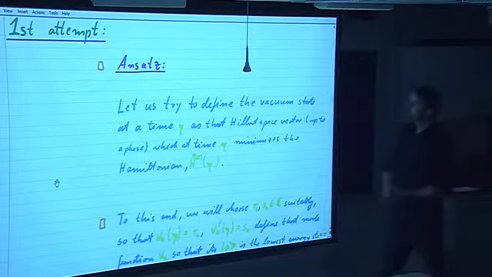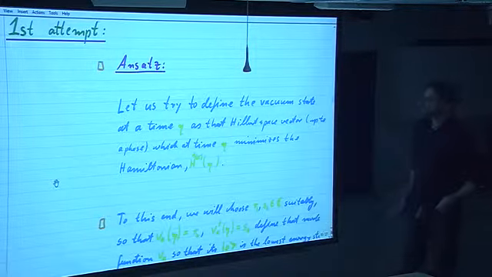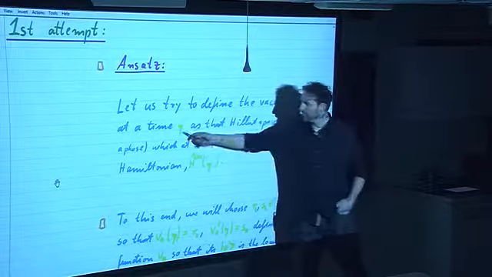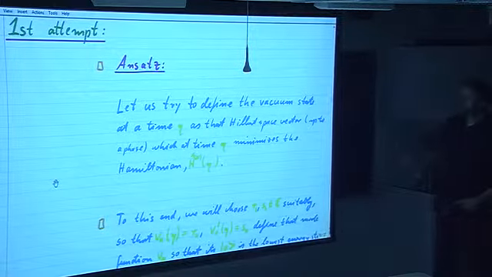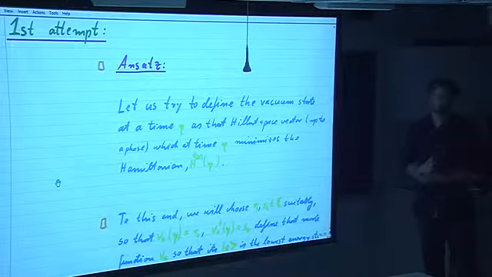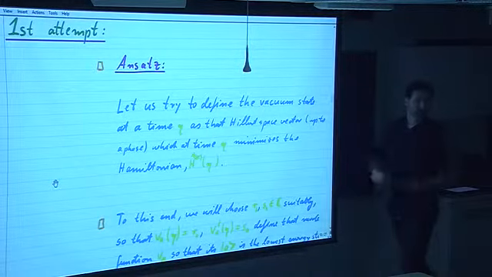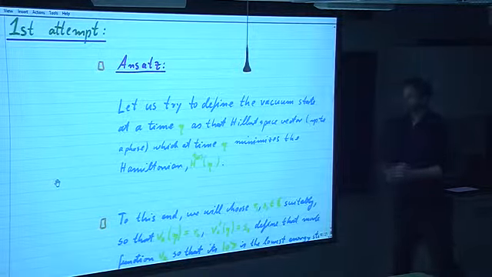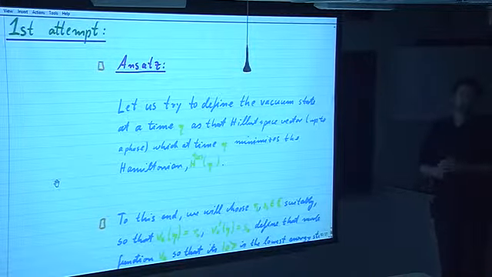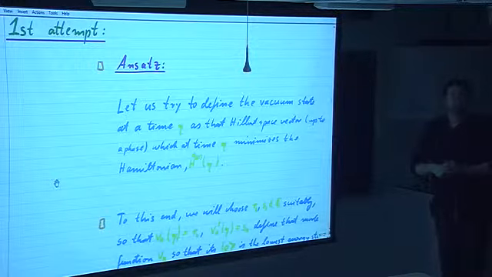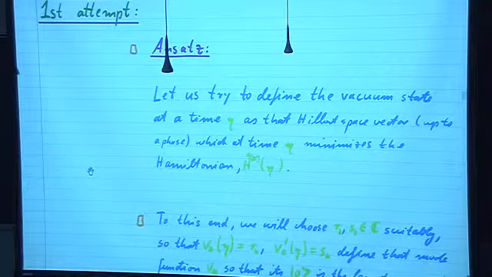Let us try to identify the vacuum state at a time eta as that Hilbert space vector which at that time minimizes the Hamiltonian, the lowest energy state. Right? It's plausible, right? No particles, that should be the lowest energy state. It's not going to be true, but let's see how it fails.